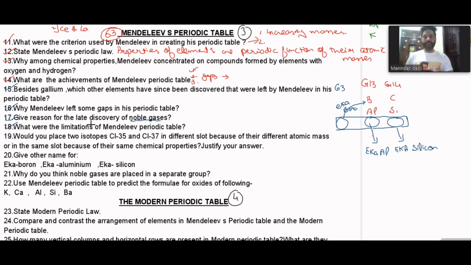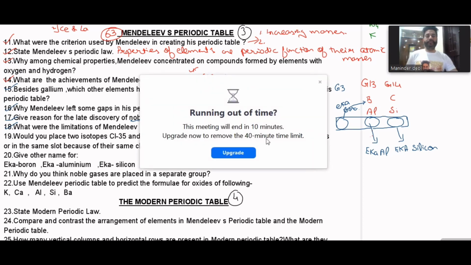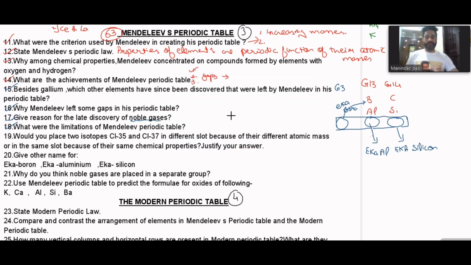18th, what are the limitations of Mendeleev's periodic table? Number one, he failed to fix the position of hydrogen. The reason is that hydrogen has properties like alkali metals. Alkali metals make compounds like LiCl, NaCl, KCl, and in the same way HCl.